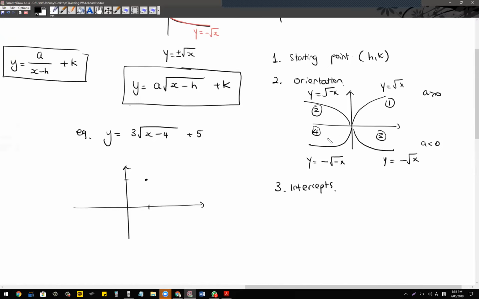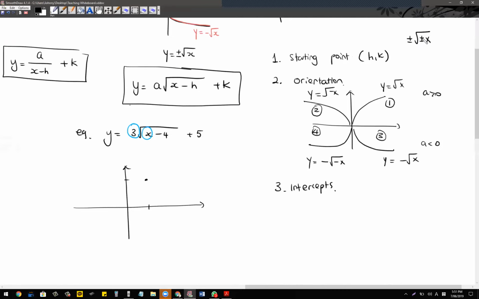How would you know? You'll be able to recognize it just by going through some practice, but you haven't done any practice yet. This one is positive here, that's a, so a is positive. You also need to look at the plus and minus inside the root.